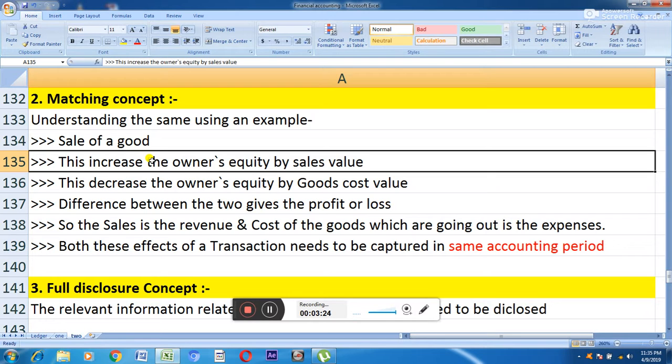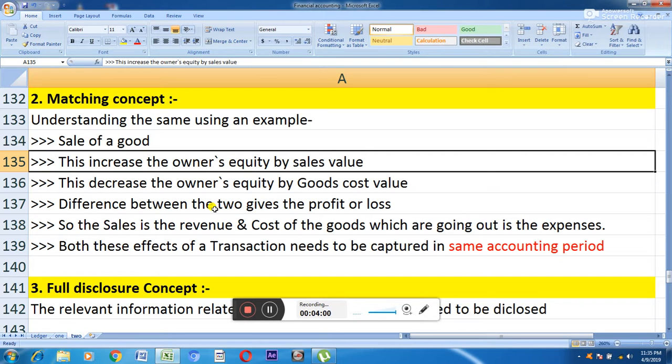Now to make that product you have some cost. So the product is going out from your company, so your value is decreasing by the cost value of the product. You are getting the sale value, so there is an increase in the owner's equity by sales value, and the same good is going out from your company, so there is a decrease of owner's equity by goods cost value.